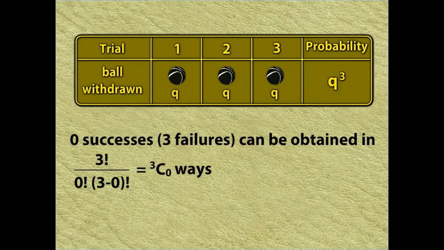Now, the probability of getting 0 successes or 3 failures is 3C0 q cube.